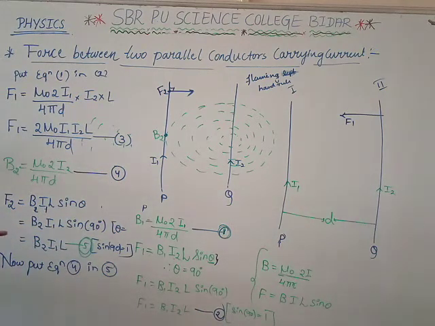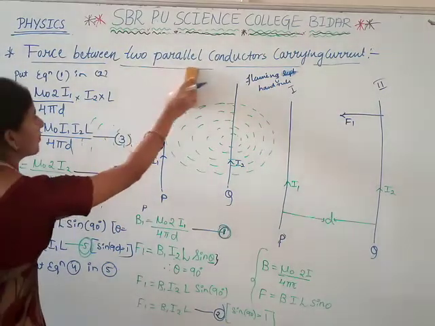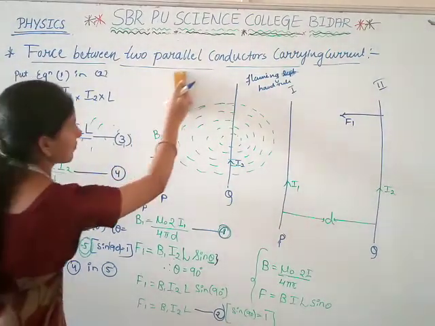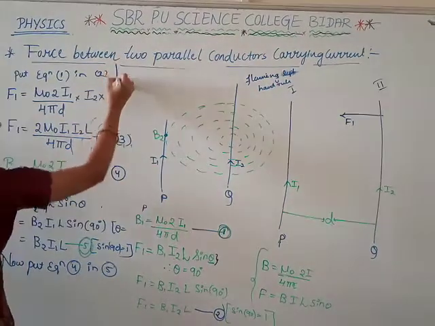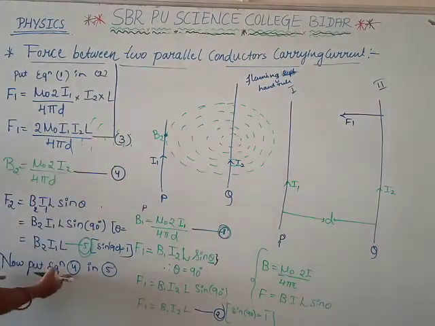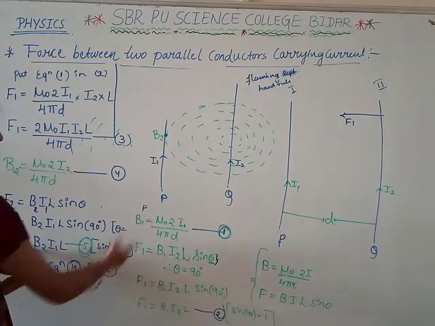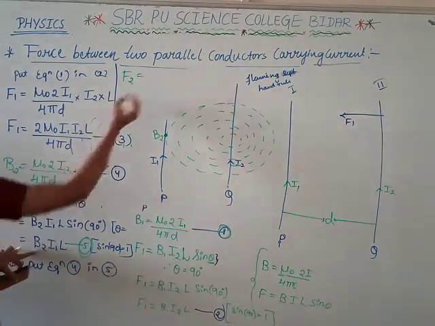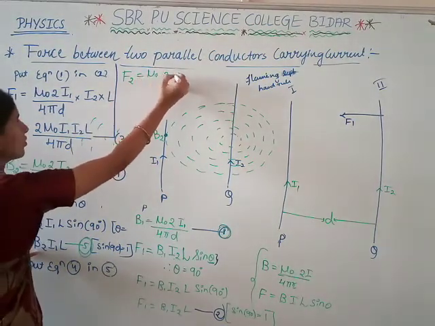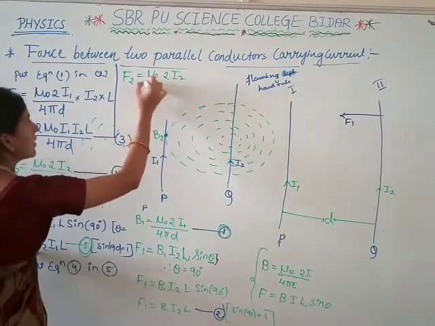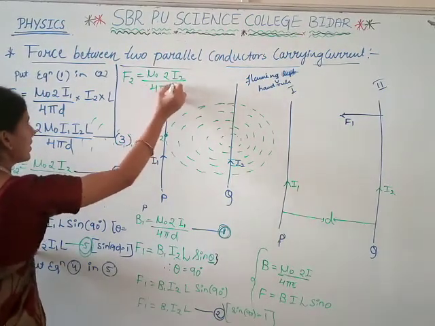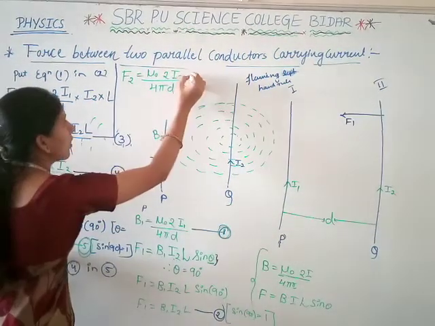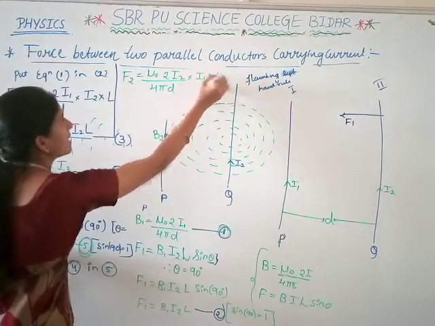When you put equation 4 in 5, we get F2 equal to B2, whose value is mu naught into 2 into I2 divided by 4 pi d, into I1 into L here.